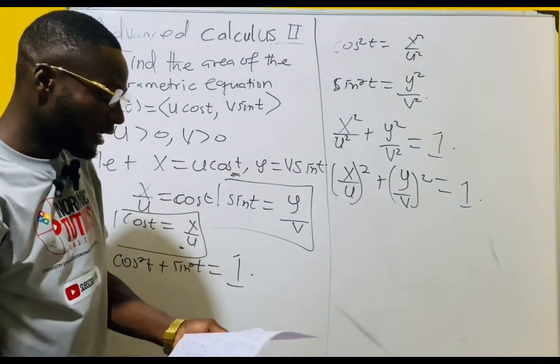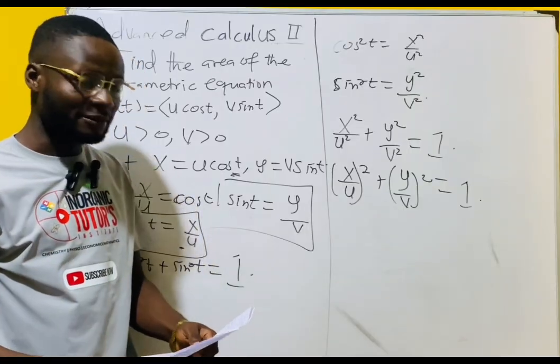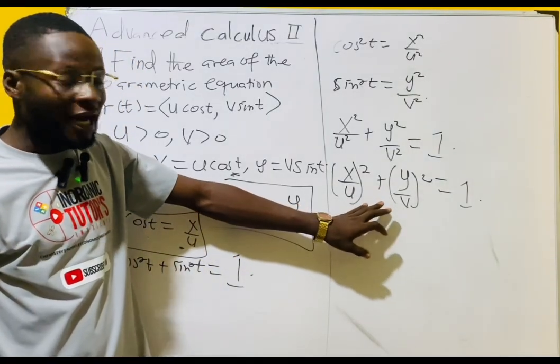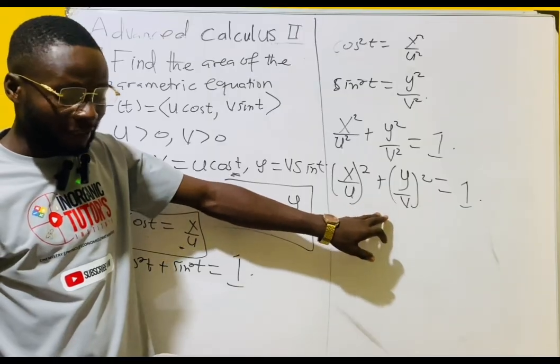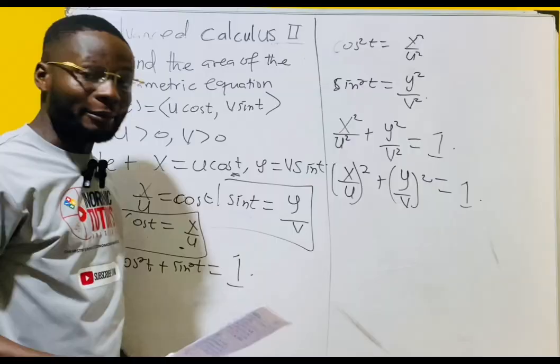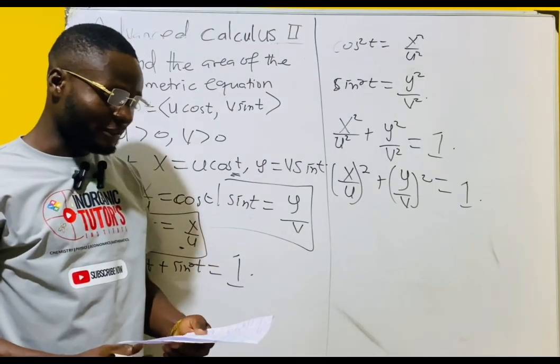Okay, so this is what we have. So the curve is an ellipse. You can see that this is basically the equation of an ellipse, centered at the origin with semi-major axis u and semi-minor axis v.